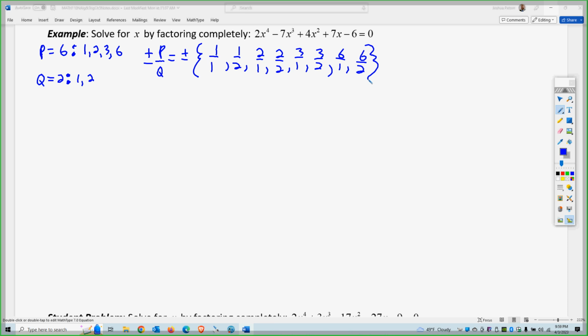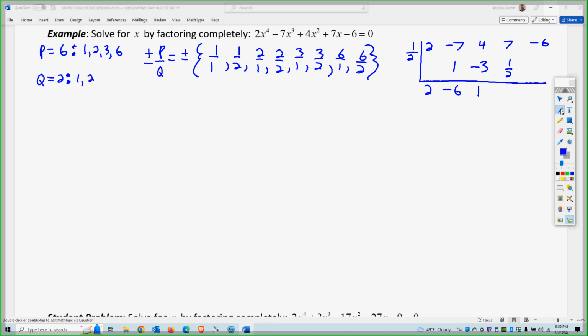And they won't all work. It has to be able to divide in perfectly or divide out. So if I try 1/2, for example, I'm going to do 2, -7, 4, 7, and -6. Okay, so why is this one not going to work? I'm going to add, then multiply by 1/2, and repeat. 1/2 times 1 is 1/2.